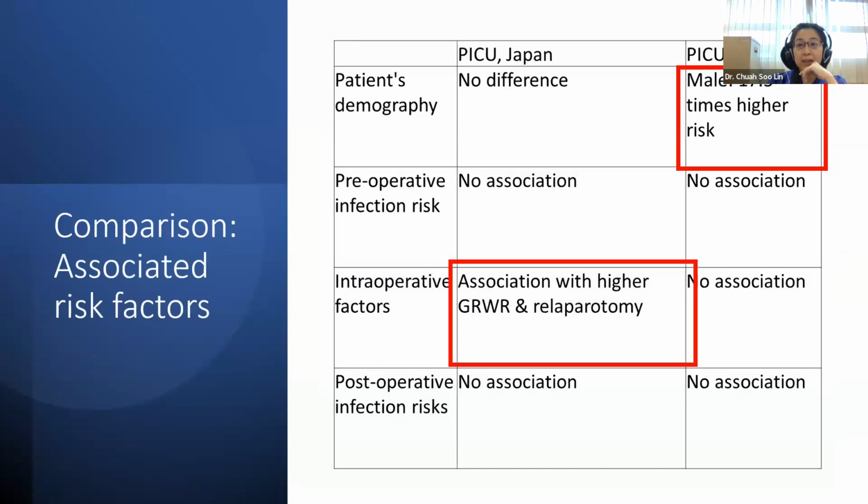In UMC, meal is a risk factor, whereas in Japan, they found that GRWR and re-laparotomy are associated risk factors. Other than that, for preoperative infection risk and postoperative infection risk, from the statistical analysis, we found that there's no difference between the infection and no infection groups.